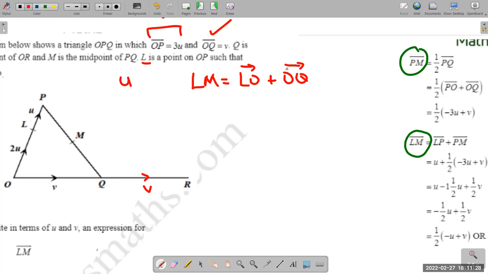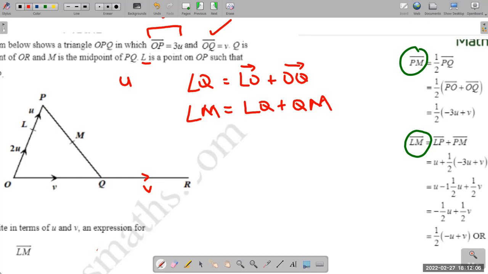Everybody see now? But remember, that's not where we want to end. Actually, this is equal to LQ. So let's just start with LQ first. And then I would want to find QM. So LM would be equal to LQ plus QM.